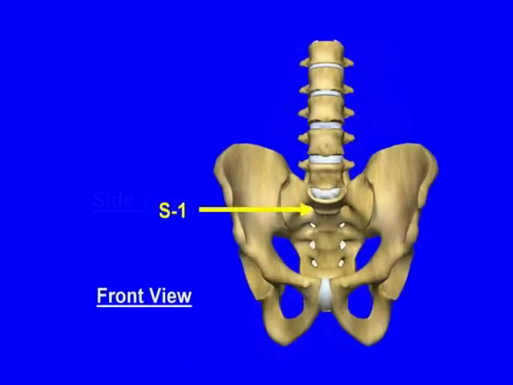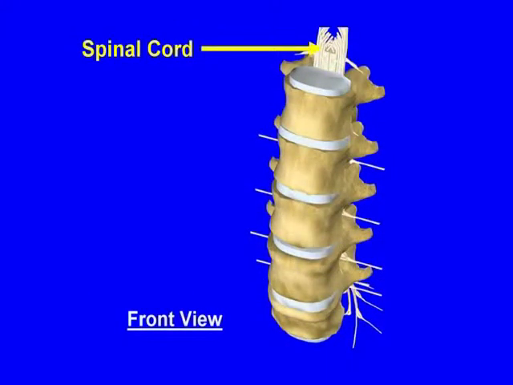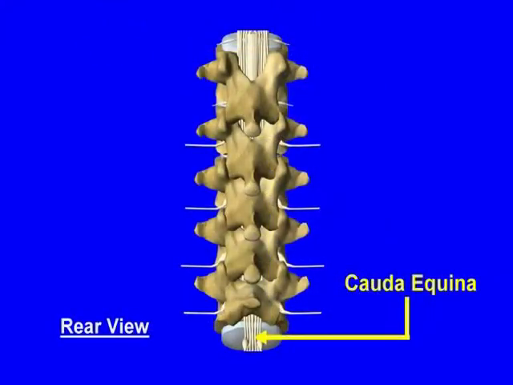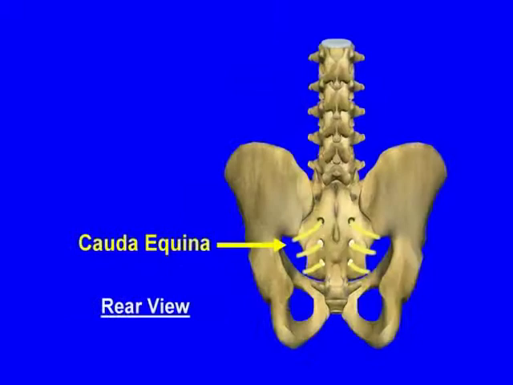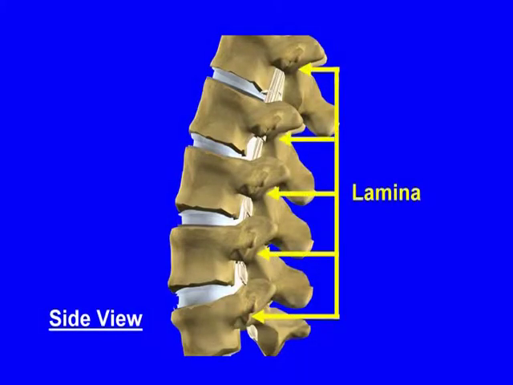Starting from the sacrum, which is referred to as S1, and moving up towards the head, the lumbar vertebral bodies are referred to as L5 through L1. The spinal cord runs down behind the vertebral bodies of your spine and ends around L1, forming a bundle of nerves called the cauda equina, which continues down through the sacrum. The spinal cord and cauda equina are surrounded by bone that extends from the vertebral bodies and forms an arch from behind, which is called the lamina.